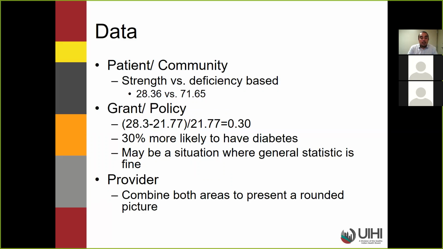Now, what we can do is take the exact inverse of that number. They provided us that 71.65% said that they weren't diabetic. So we could take this number and use it as a means of empowering and rallying the Native population around a particular goal or behavior. It's like being able to say, look at this amazing number, 71% don't have diabetes.